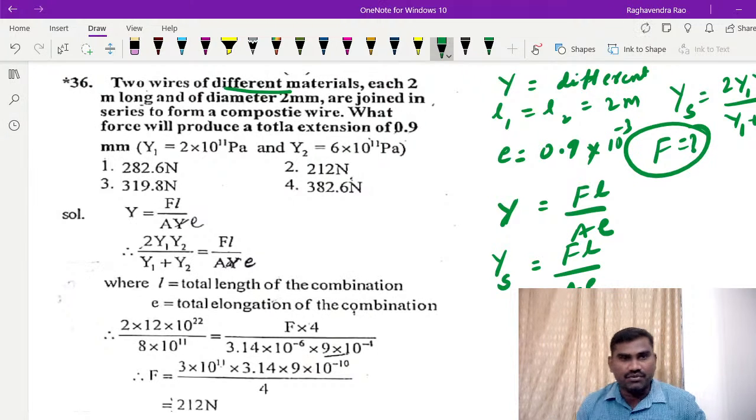That effective value is already given. Now y1 and y2 values are separately given, so from these two values we can find the Ys value, and from that we calculate the value of force.